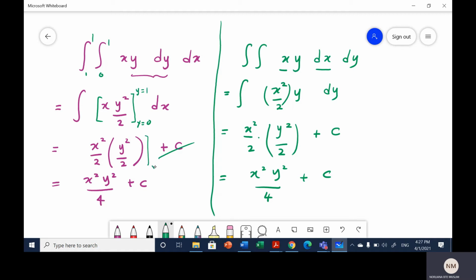Okay, so next you have to evaluate when x is here 1, 1. So there will be no constant. If there is an indefinite integral, the final answer should be plus constant. If it is a definite integral, there will be no more constant, but you have to evaluate at the certain limit.